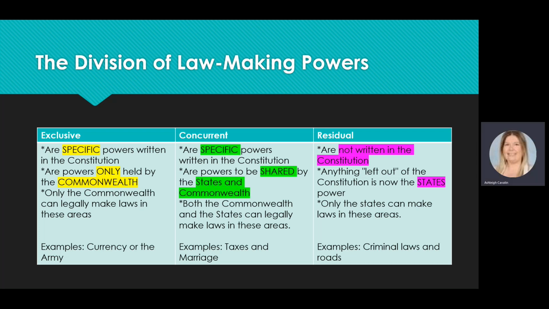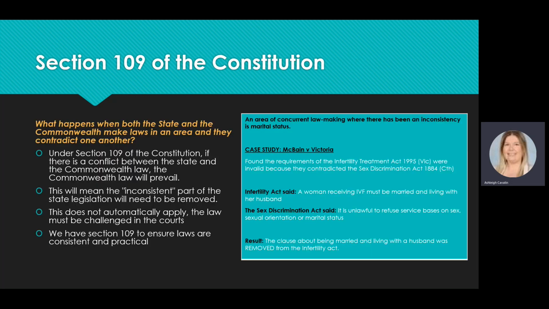What about Section 109 of the Constitution? This is with an example. So what happens when both the state and the Commonwealth make laws in an area and they contradict one another, or they're in conflict? We know that this is probably going to be an issue because we have concurrent powers.